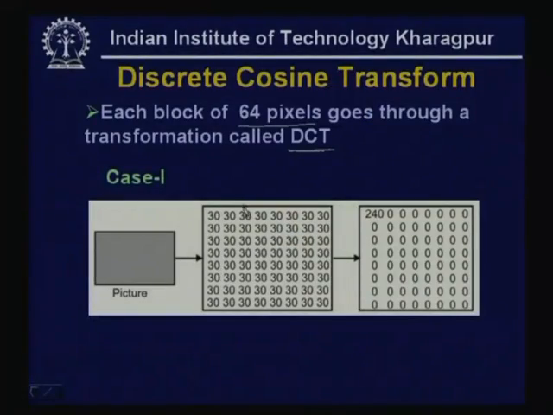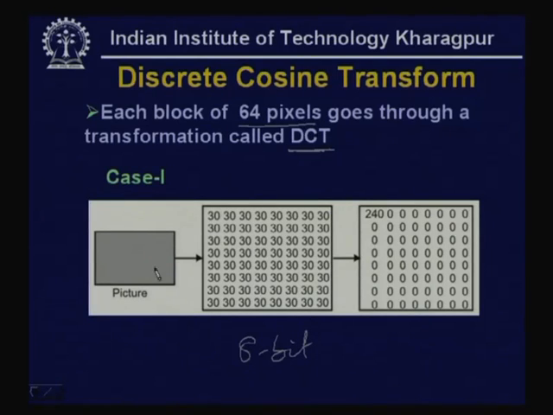Rather, I shall give 3 examples to show how it helps to minimize the information, or how the numbers are reduced. Ultimately we have got a block with 8 into 8, 64 numbers, and it is necessary to send 64 numbers, each of 8 bits.